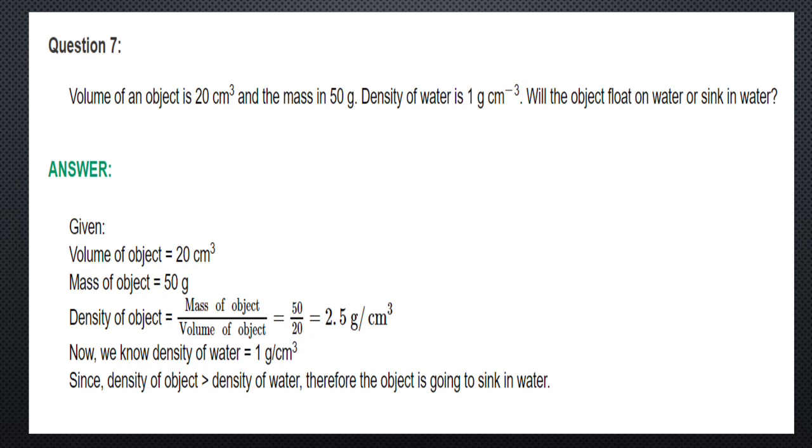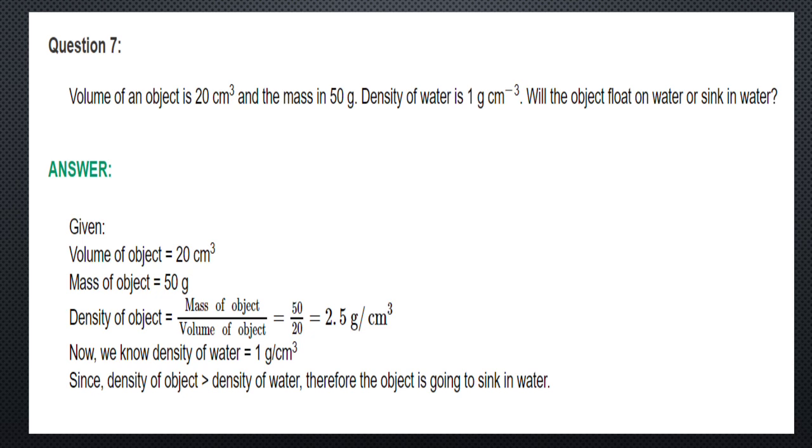So let us try to solve it. Now first we will write the given. Volume of the object is 20 cm cube. What is the mass of the object? It is 50 gram. Now we will write the formula. I told you, to find out the answer of this, we have to calculate the density. So density of object is equal to mass of object upon volume of object.